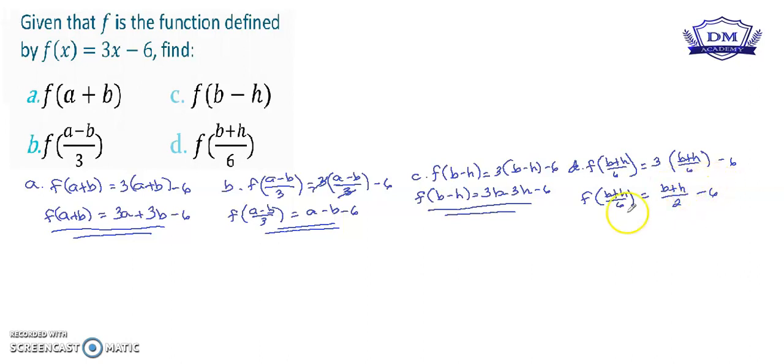If you want to simplify this, f of b plus h all over 6 is equal to b plus h minus 12 all over 2. So this is our f of b plus h all over 6.